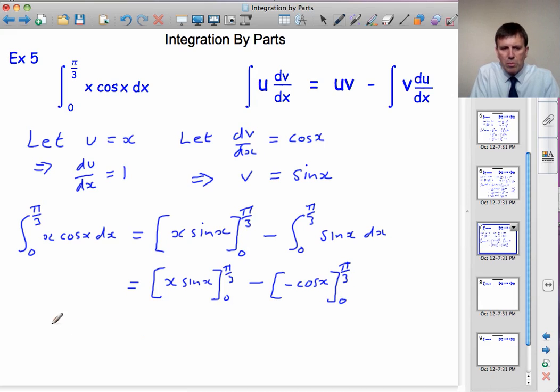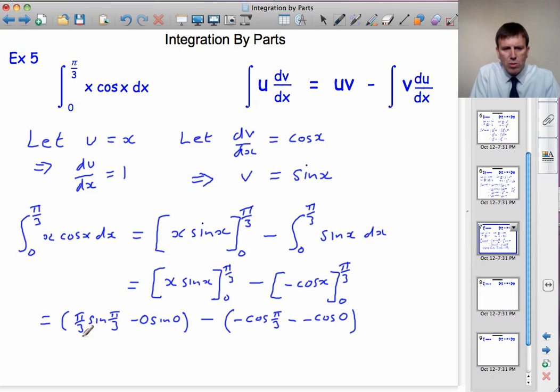So now let's evaluate the brackets, and this first bracket we get pi by 3 multiplied by sin pi by 3 minus 0 times sin 0. Minus, let's keep the second one in a bracket, we've got minus cos pi by 3 minus cos 0.